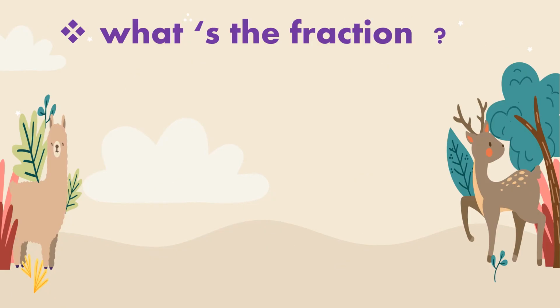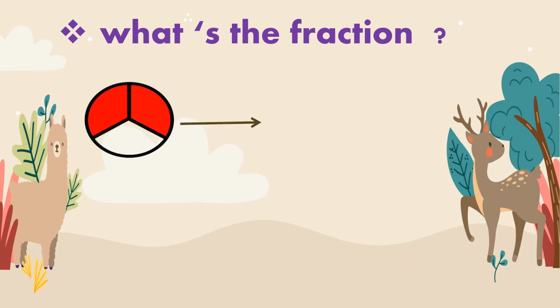What is the fraction? If I have this circle, remember first, how can I write the fraction? First, I write the number of the colored parts over the total parts. Okay, here I have a circle divided into 1, 2, 3. I have 2 colored and 1 not colored.